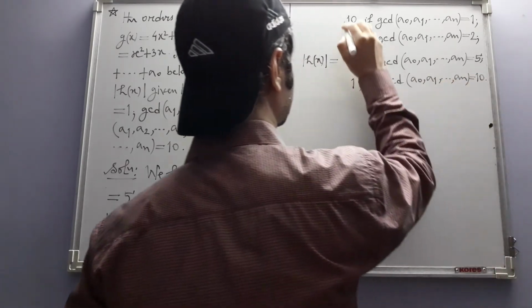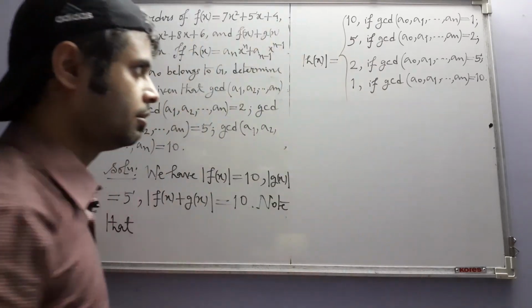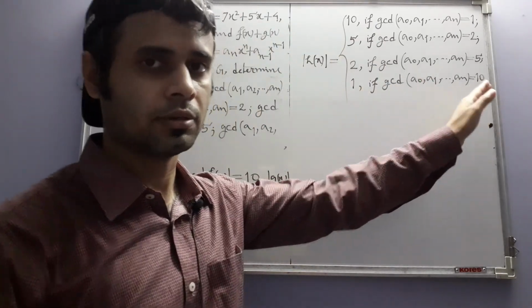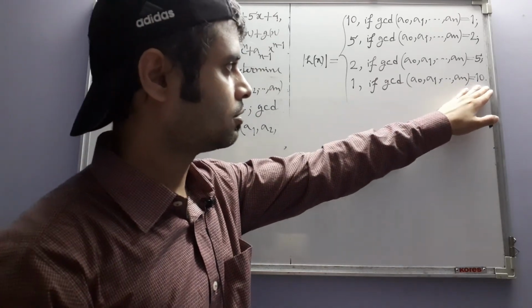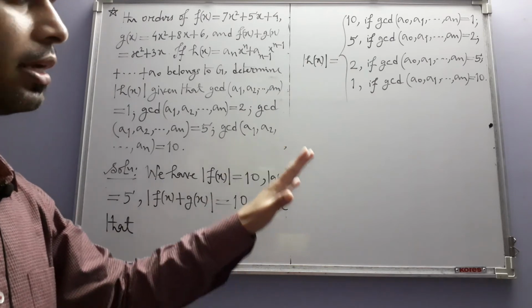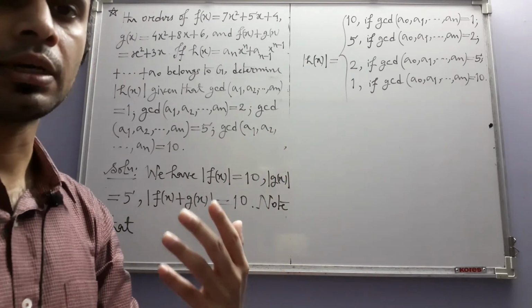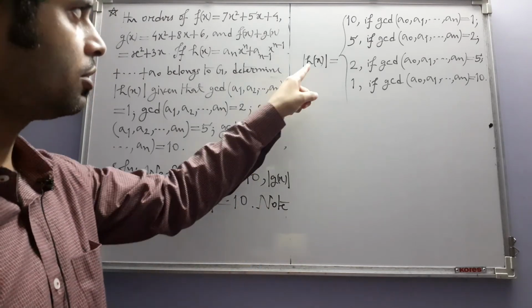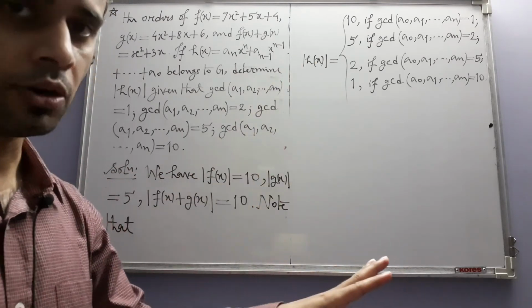this GCD is equal to 10, because in this case, since this is a greatest common divisor, 10 will divide all the coefficients, which means that modulo 10 all the coefficients are equal to 0, which means that the corresponding polynomial is actually the 0 polynomial.